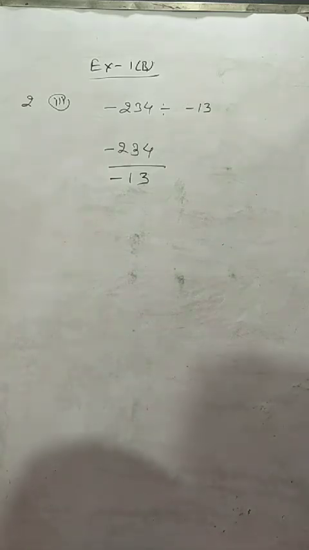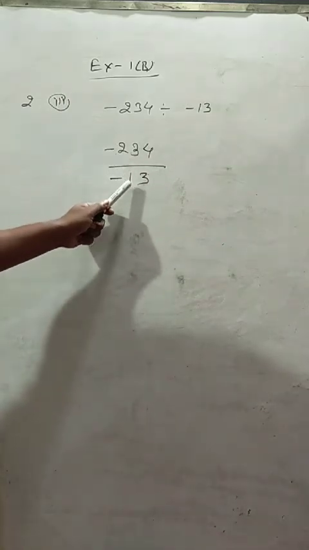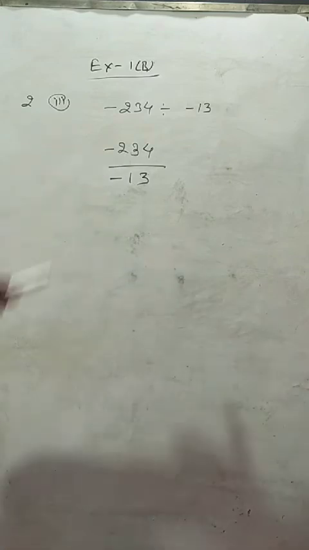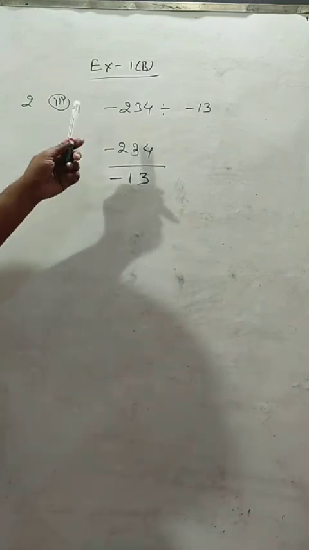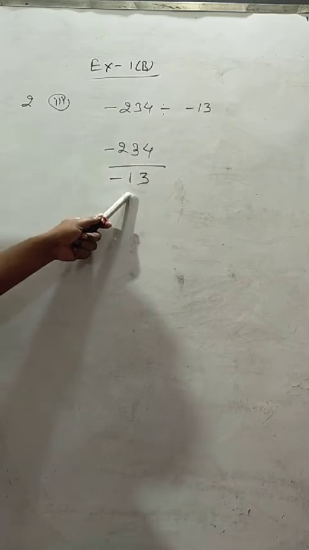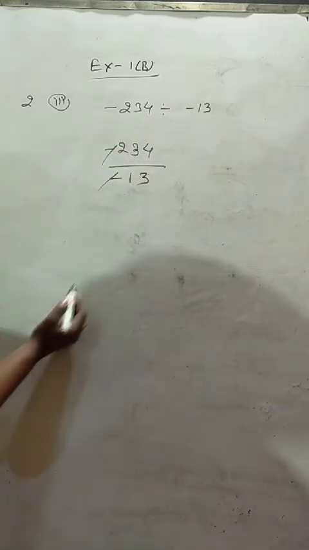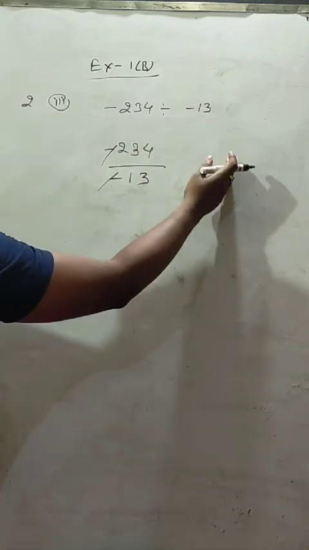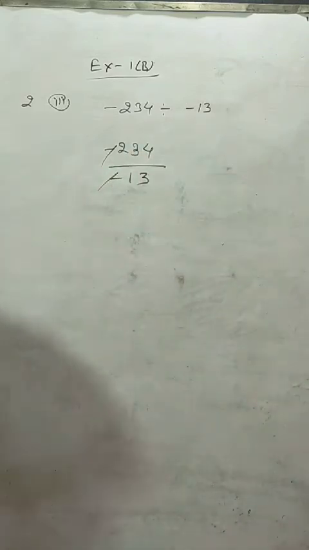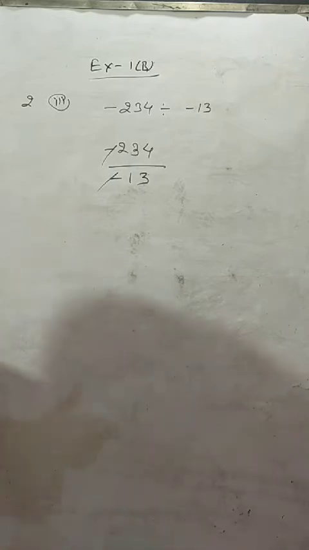I explained recently that when an integer is divided by another integer of the same sign, the signs cancel out and the result is a positive number.